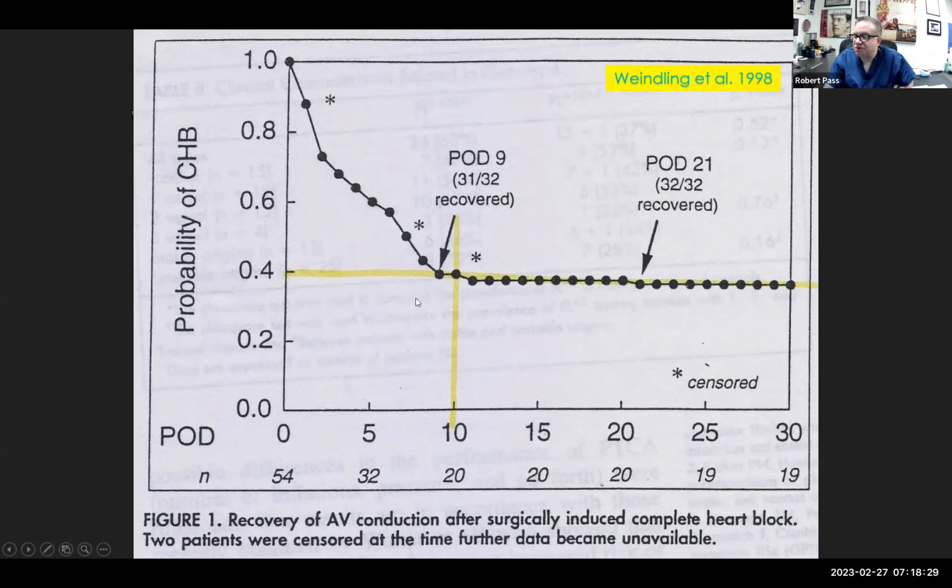These are all the people who recovered and when they recovered. And basically what it shows is that by about day 9 or 10, it's exceedingly rare that people will develop conduction beyond that time period. There is a rare patient, here's one that recovered on postoperative day 21.